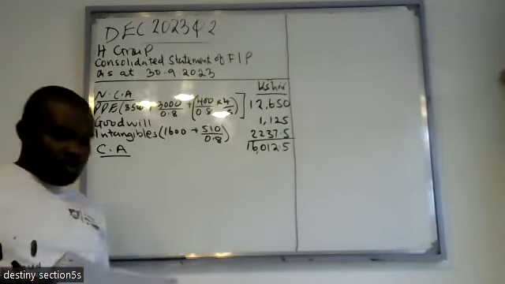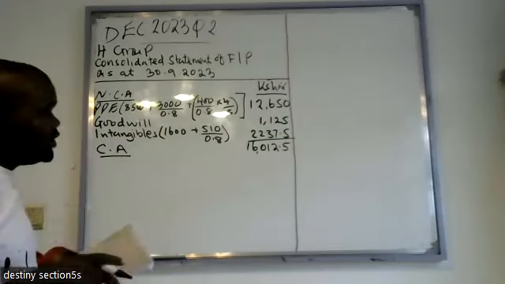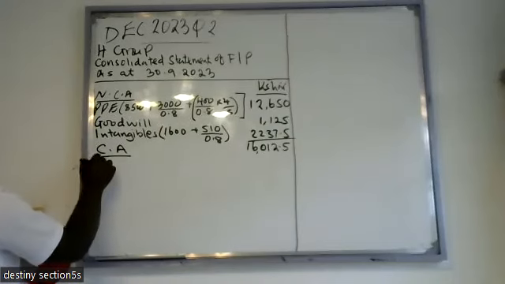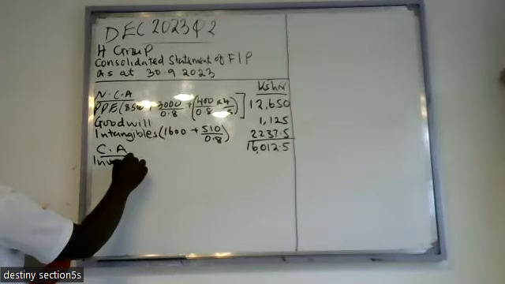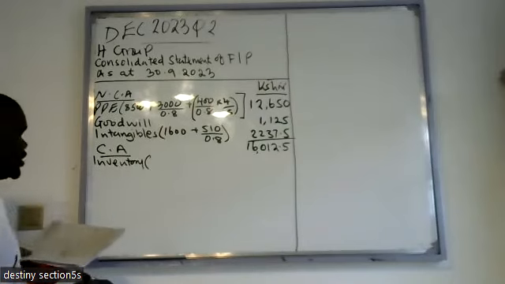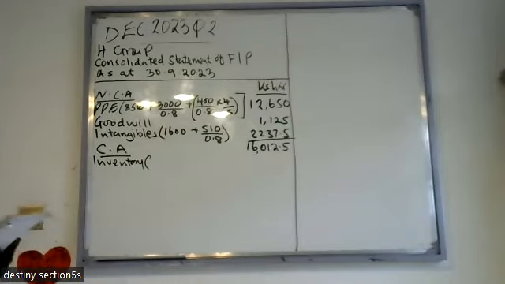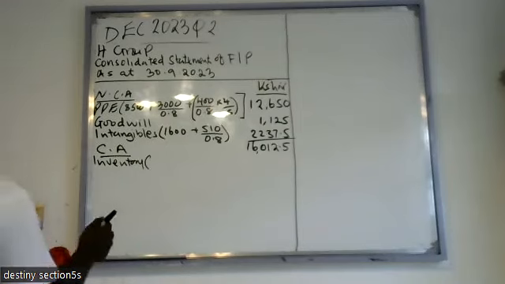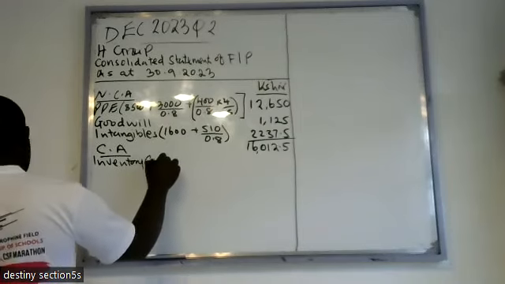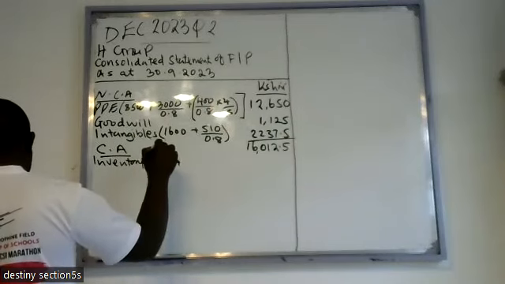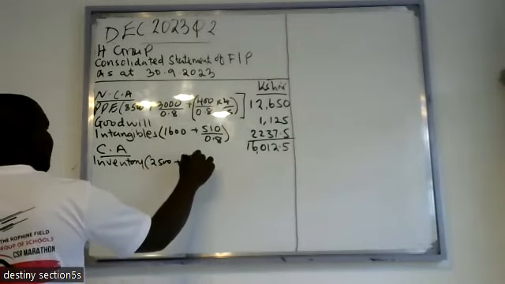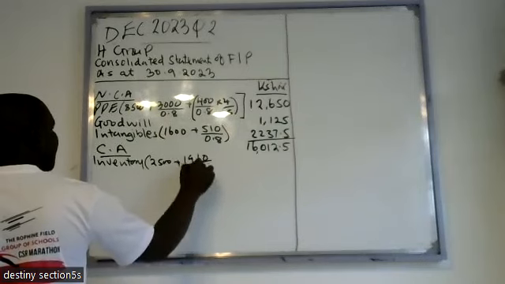Current assets, let's go to current assets. Inventory. There was no issue at all. There were no unrealized profits. So just take 25 plus 1960 divided by 0.8.